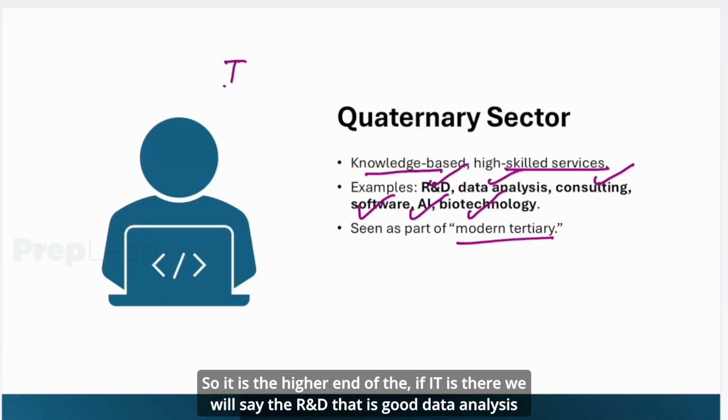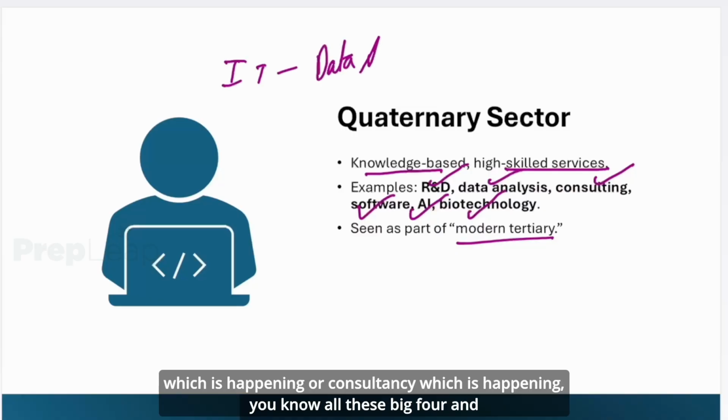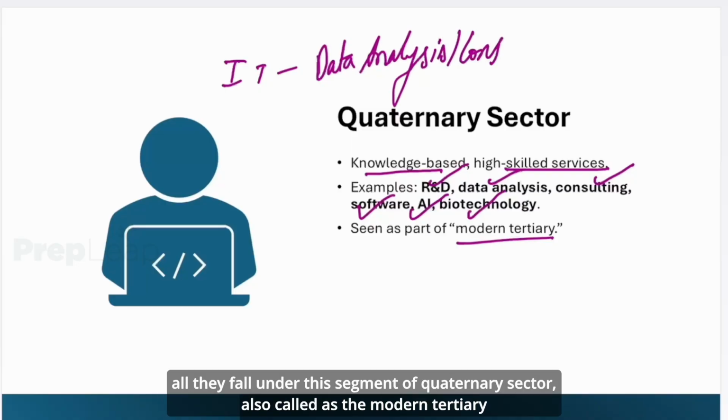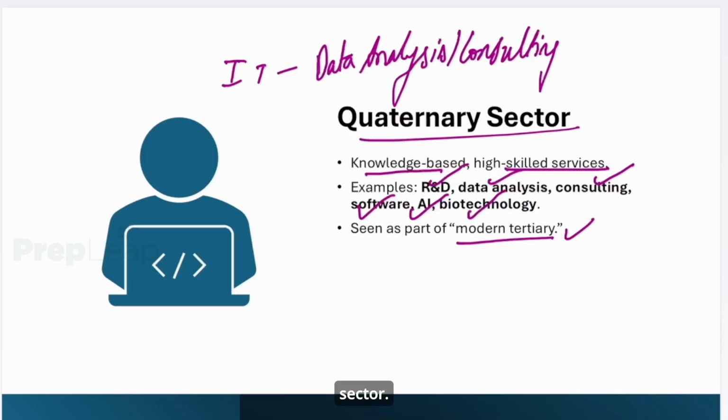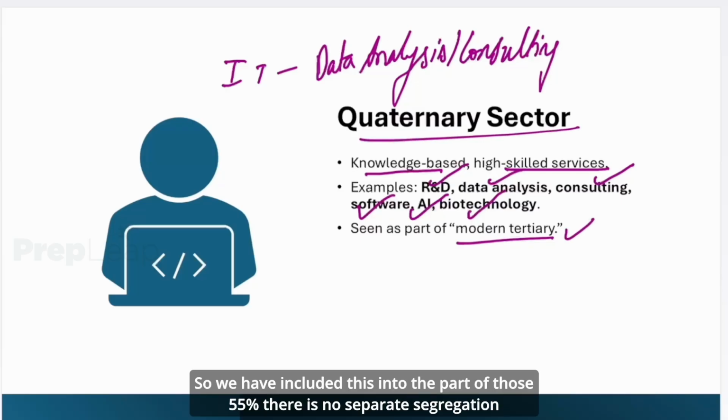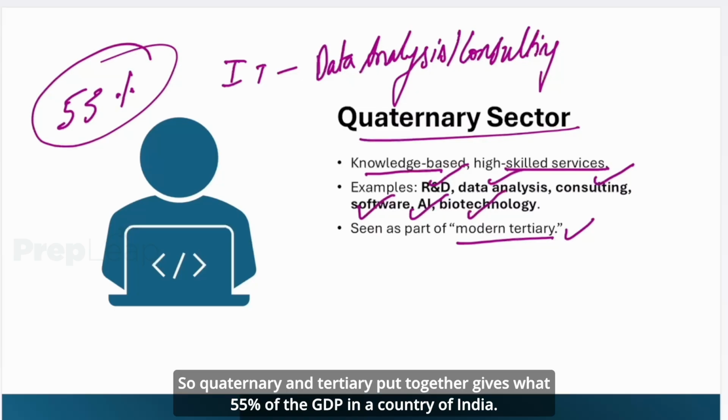If IT is there, we'll say the R&D, data analysis, or consultancy, all these big four and all, they fall under this segment of quaternary sector, right? Also called the modern tertiary sector. So we have included this in those 55%. There's no separate segregation that has been prepared. So quaternary and tertiary put together gives 55% of the GDP of India.